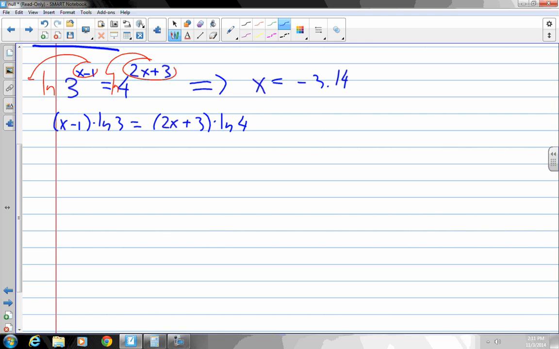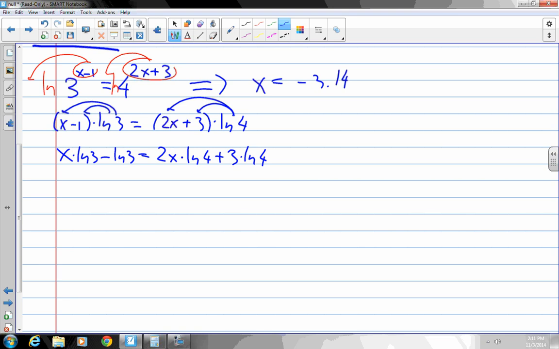So just like with any linear equation, you would proceed with opening up the parentheses. So we'll distribute ln of 3 and we'll distribute ln of 4 to get x times ln of 3 minus ln of 3 equals 2x times ln of 4 plus 3 times ln of 4, right?